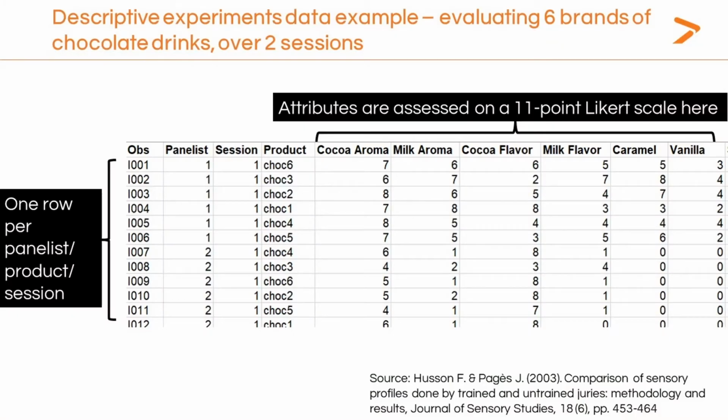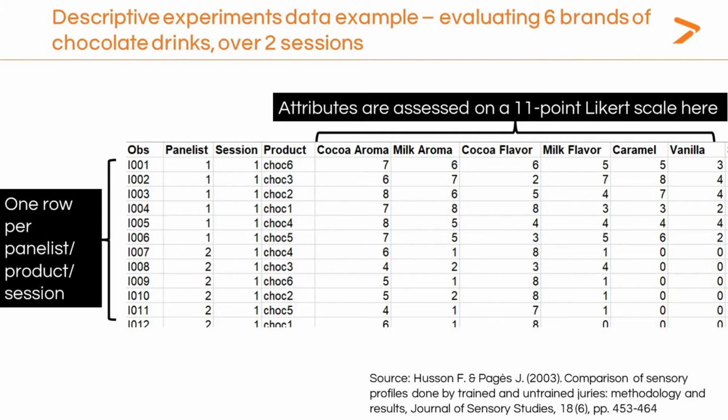Then just to tell you, this is how a descriptive experiment data looks like. So this is a data example. We are evaluating 6 brands of chocolate drinks over 2 sessions. So here, as you can see, you have a panelist column, session column, a product column, and 1 column per attribute.